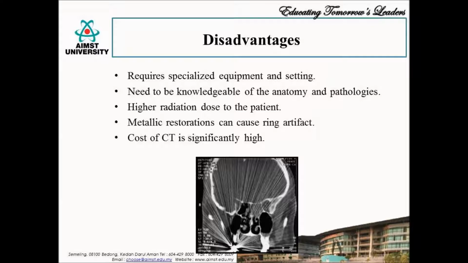Because a CT scan images the whole arch, radiation is delivered to the entire imaged area. Metallic restorations can cause ring artifacts that impair the diagnostic quality of the image. In general, the cost of CT is significantly higher than that of any of the conventional imaging or other standard intraoral or extraoral projections.